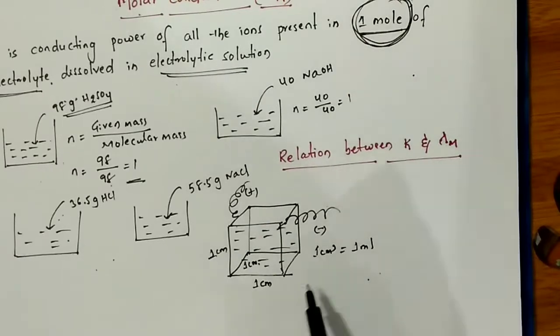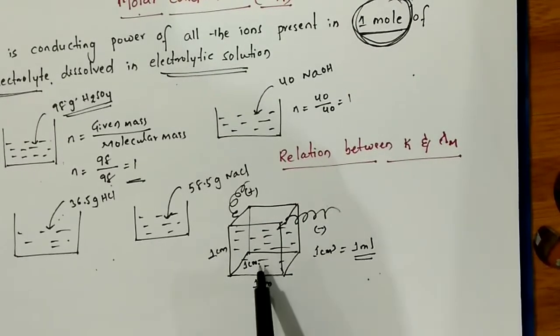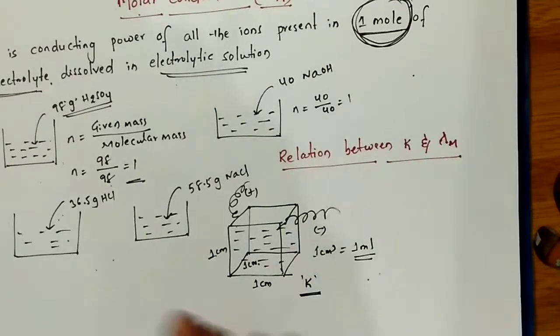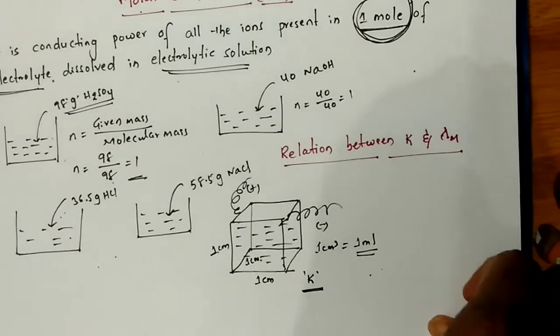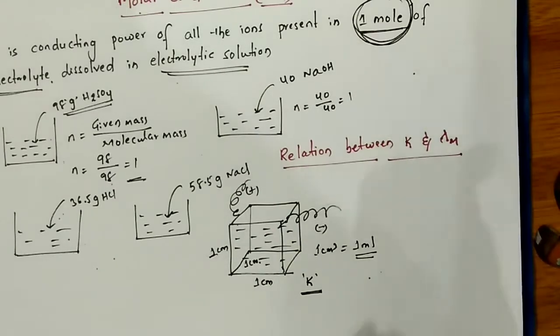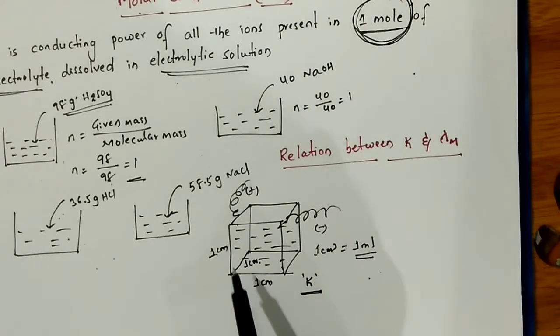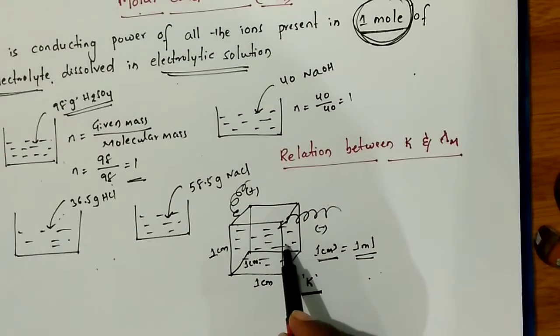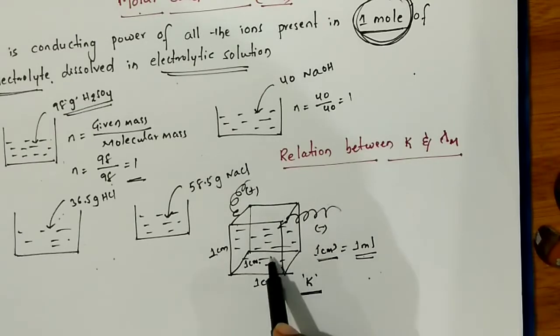So the conductance shown by 1 ml of electrolytic solution is called specific conductance. I already explained that in that video, you can refer to it once. The conductance shown by the unit volume, it may be 1 ml or 1 liter, whatever it may be. Here I am taking 1 centimeter cube, meaning 1 ml. The conductance shown by this 1 ml electrolytic solution is specific conductance.